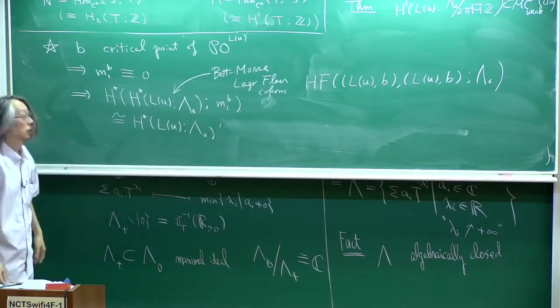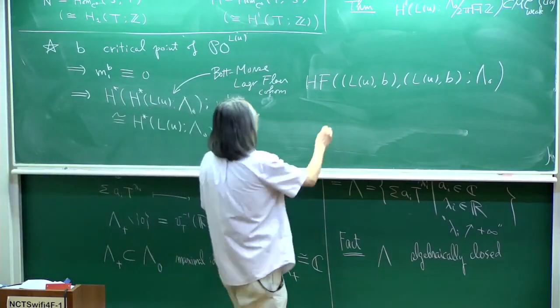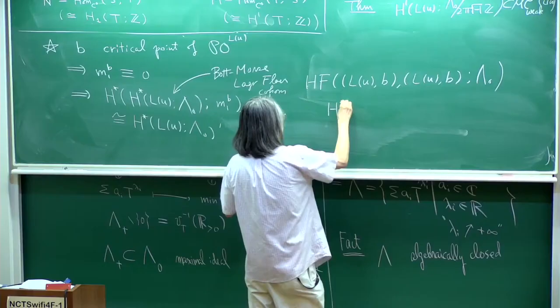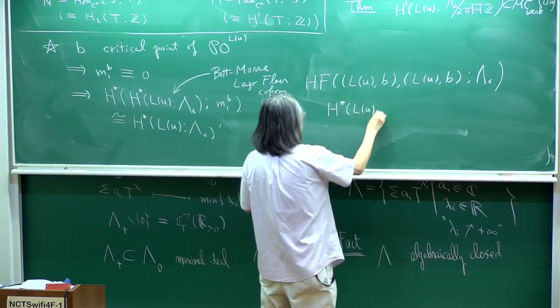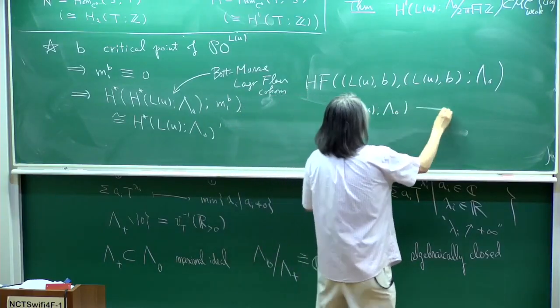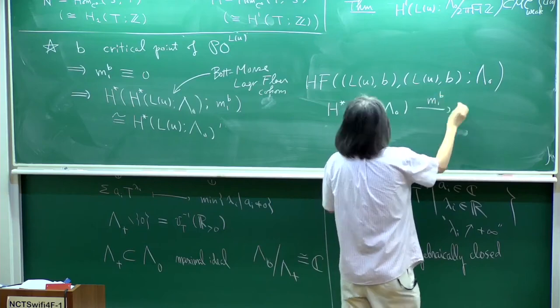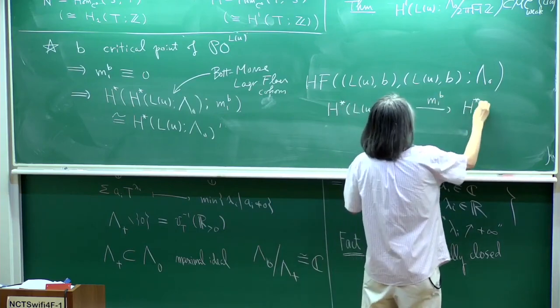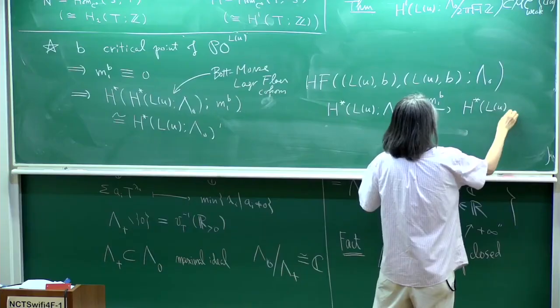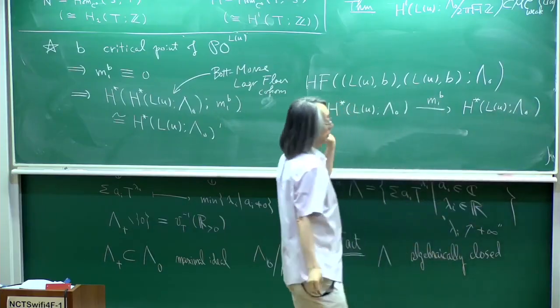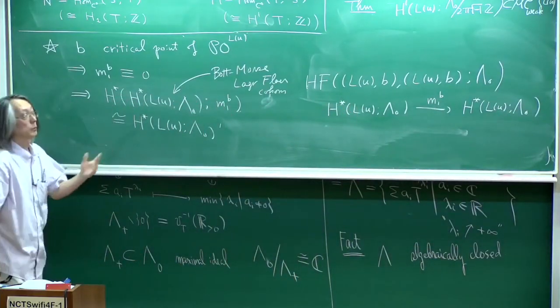So then we can also consider H star of this LU, lambda 0, going to this H star of LU, lambda 0. Actually, this is a lambda 0 linear map.